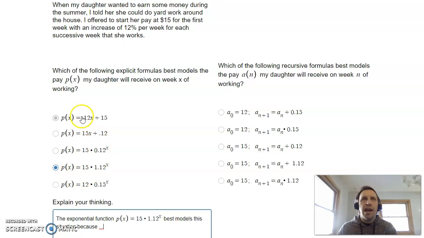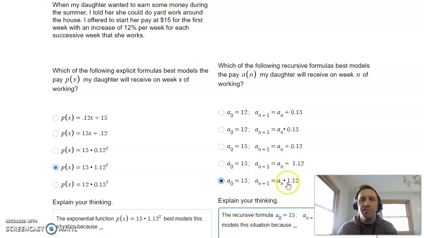That's the explicit form, and then the recursive form shows it starts at 15, and then it's multiplied by 1.12. So these are the two answers you should have for this situation. Remember, the left side is the explicit function, the right side is the recursive model. All right?